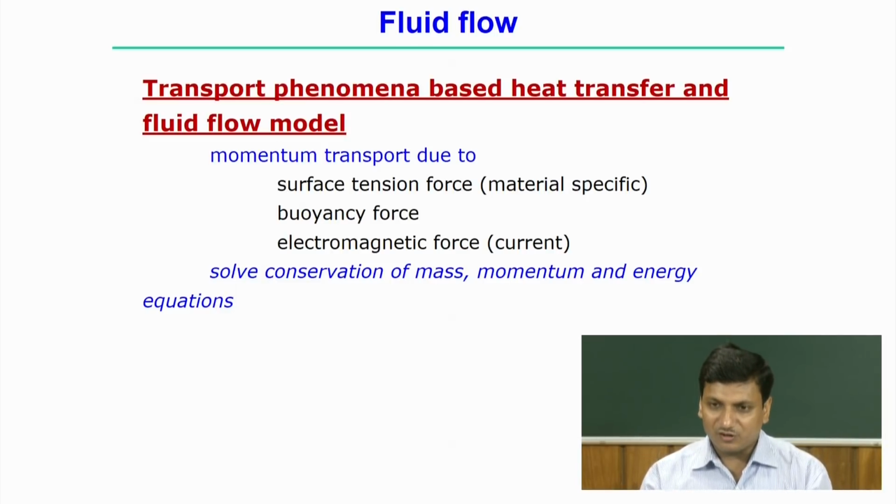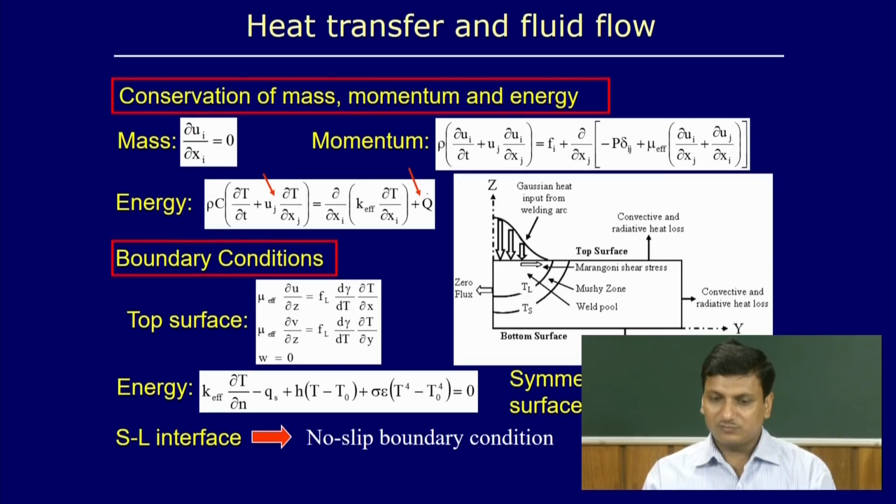But it is also important to know that this velocity field can be predicted in the welding process only within the small weld pool, while the temperature field can be predicted throughout the whole domain, not only confined to the small weld pool. To solve this heat transfer and fluid flow problem in the welding process, there is only limited analytical solution available.